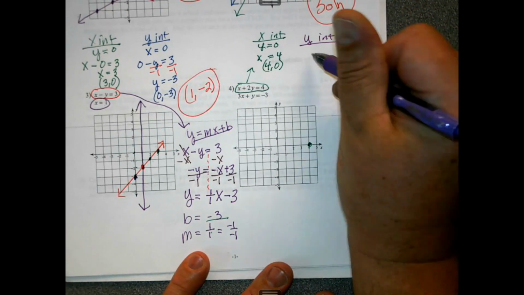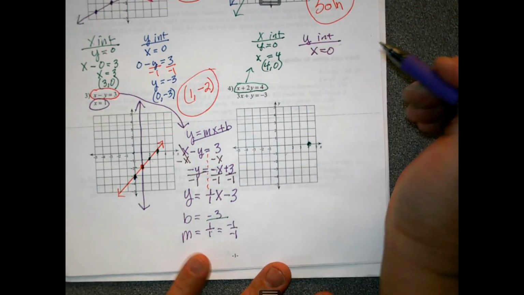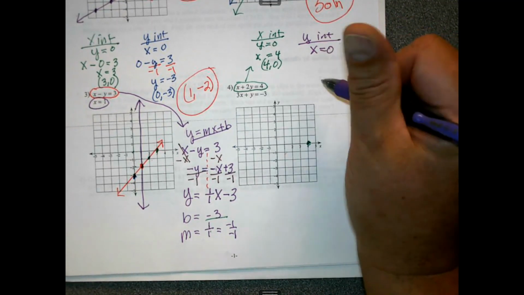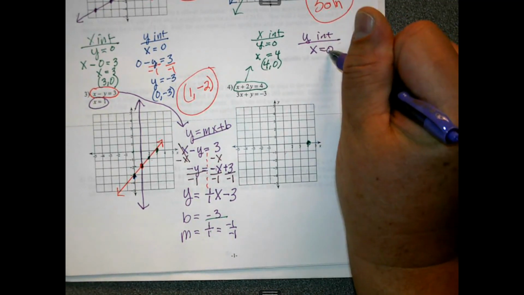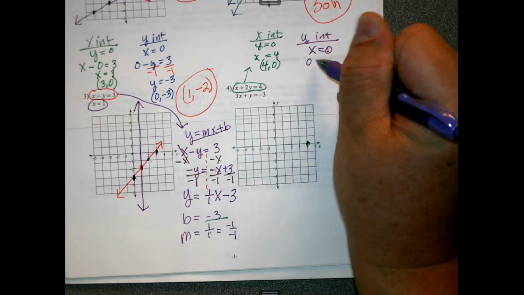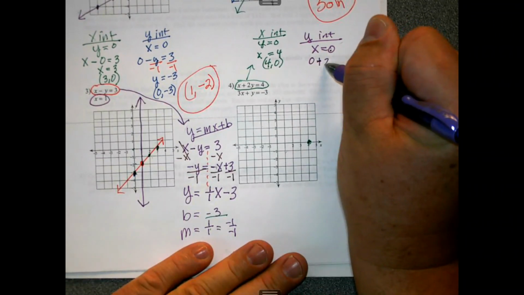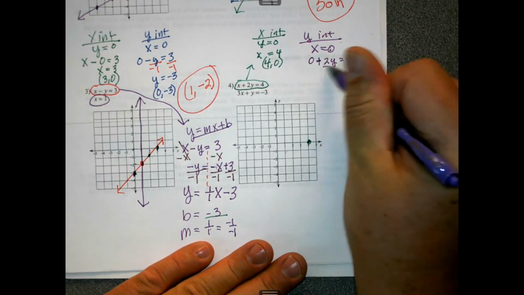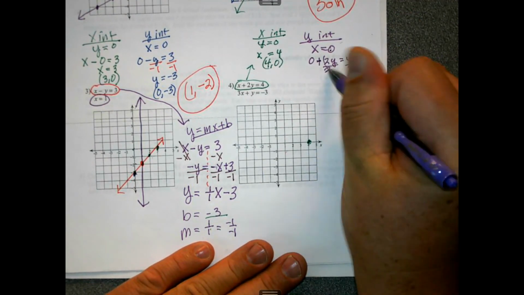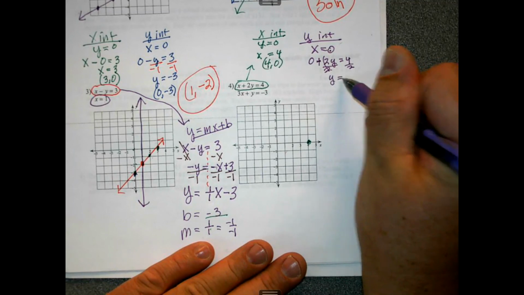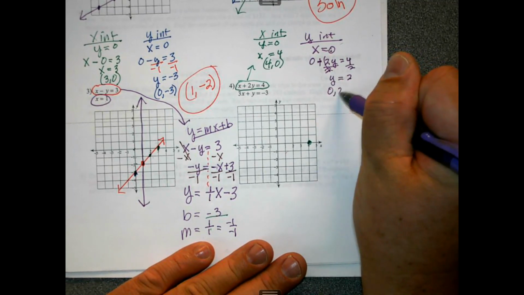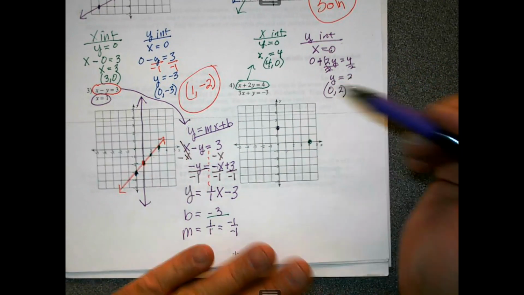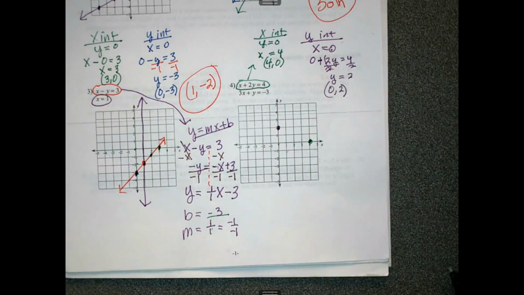It's a lot to decipher. I set x equal to 0, so I get 0 plus 2y equals 4. Divide both sides by 2. So y equals 2, or 0 comma 2. I'm going to use a straight edge.